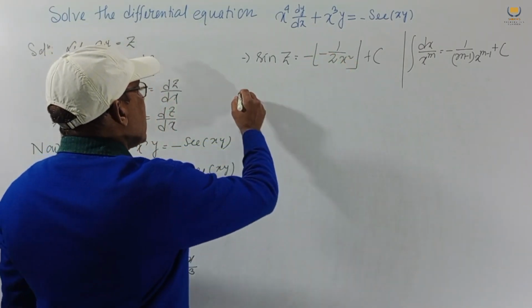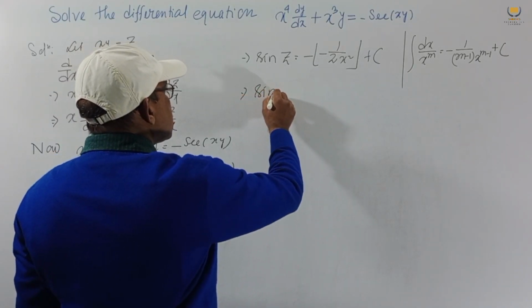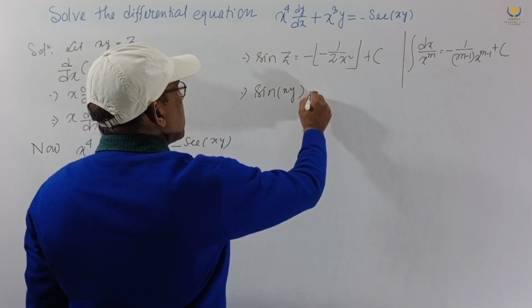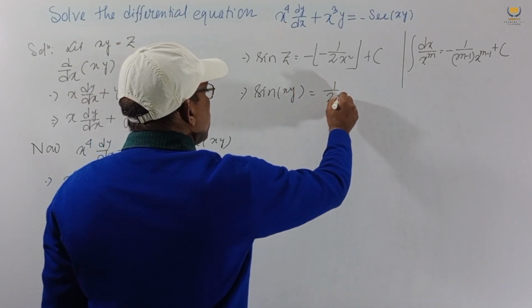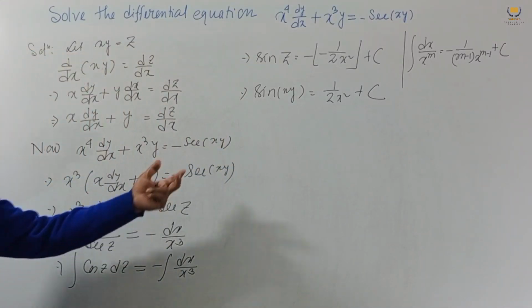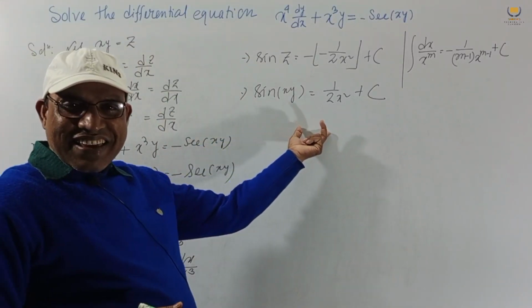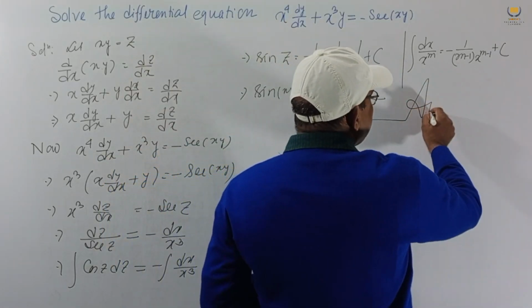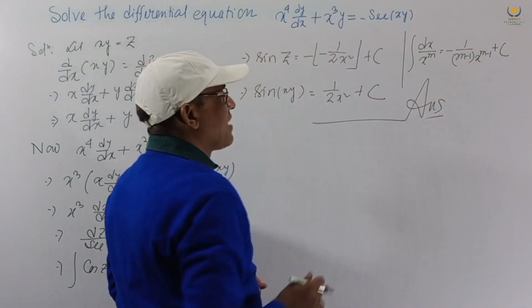We get this, and this will be sin z. Z means xy, equal to 1 by 2x square plus c. So this line is clear. If this line is clear, then this is our answer. If not clear, then also this is the answer. This is the final answer.